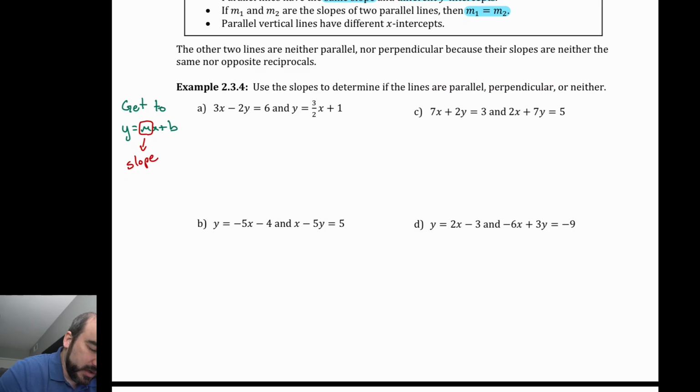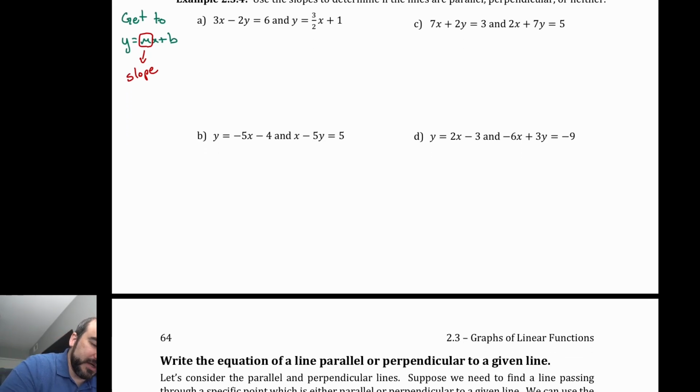So if I do one of these problems, I'll do part D. This one, I already know has a slope that's 2, right? Because that's the y equals mx plus b. That's already in the right form.